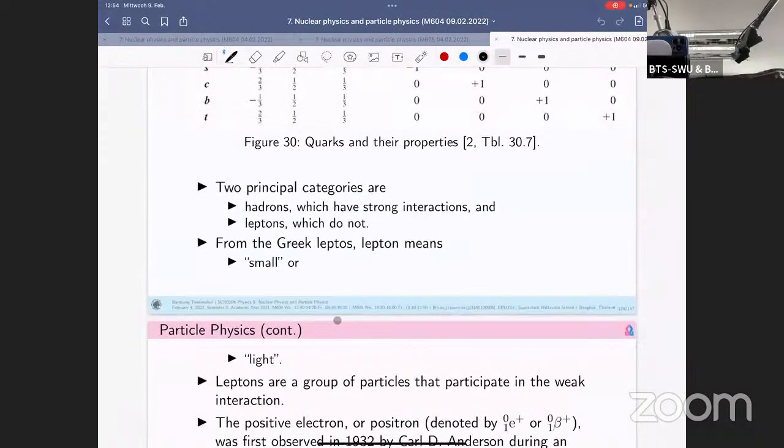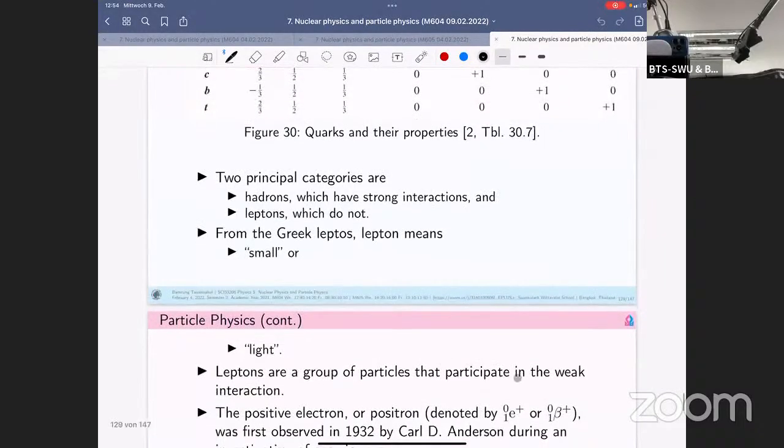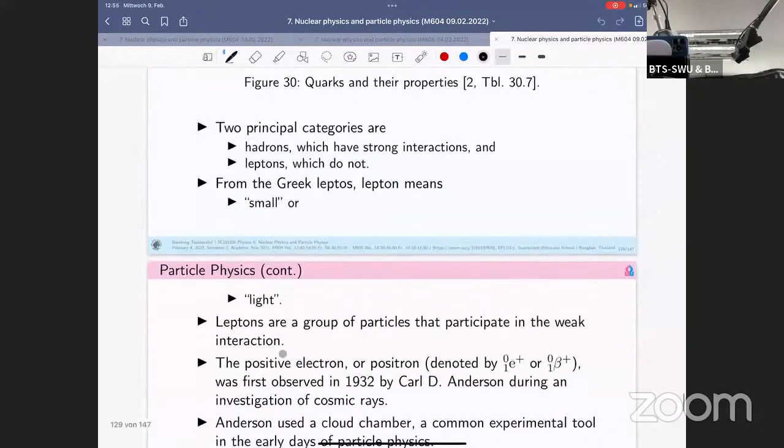Yes, the lepton is the main thing we are going to consider right here. Leptons are a group of particles that participate in the weak interaction. They are involved solely with the weak interaction, while the strong interaction is for hadrons.